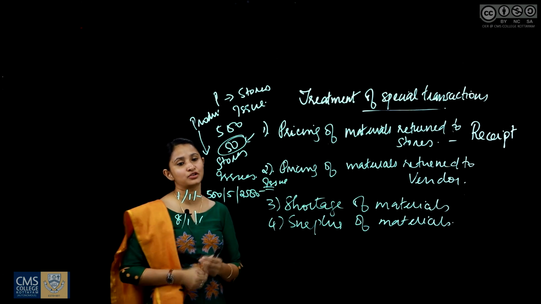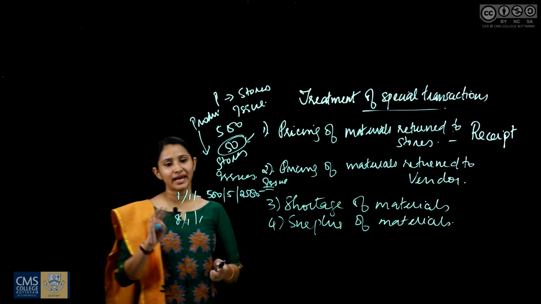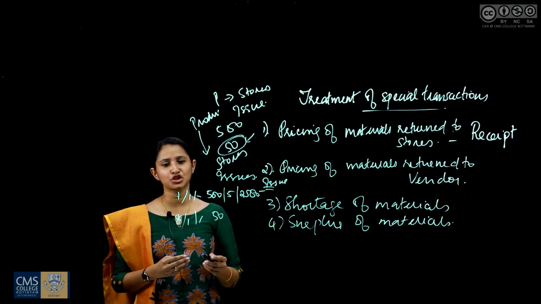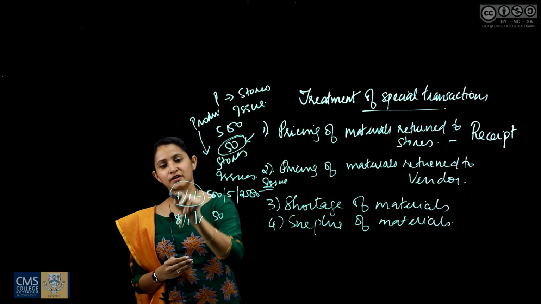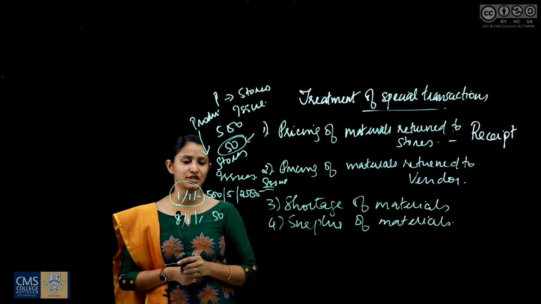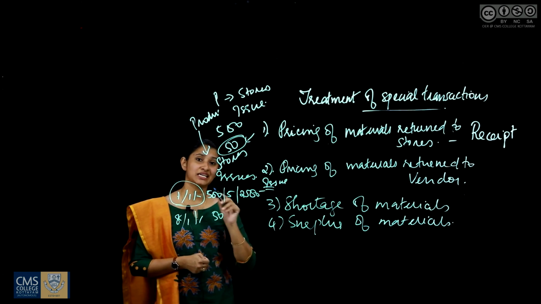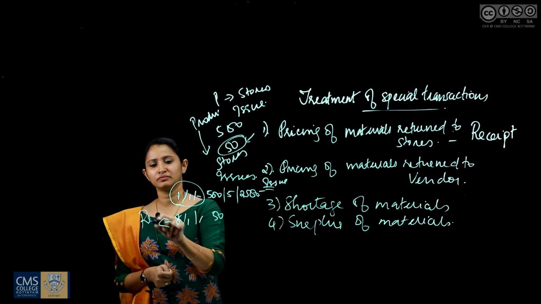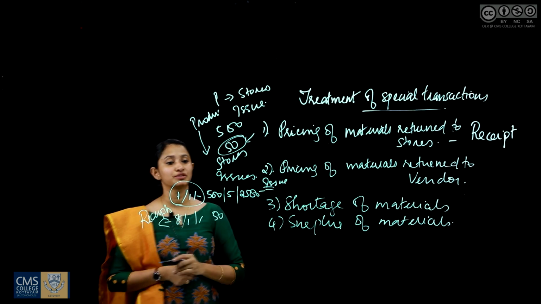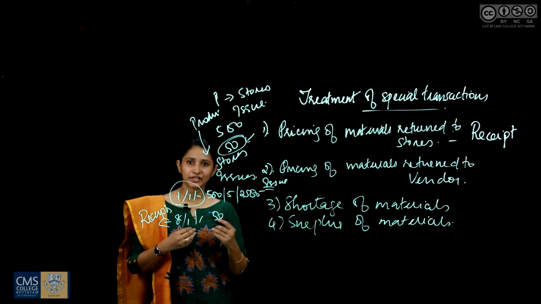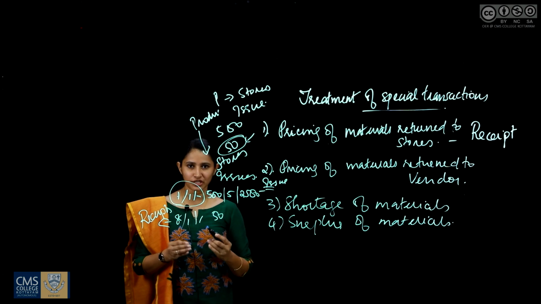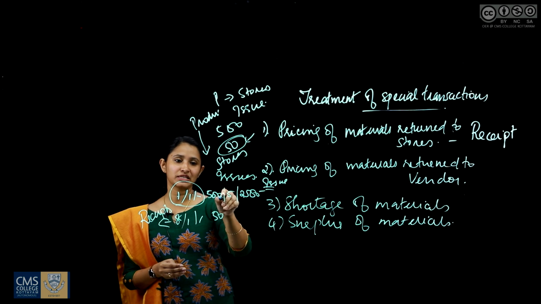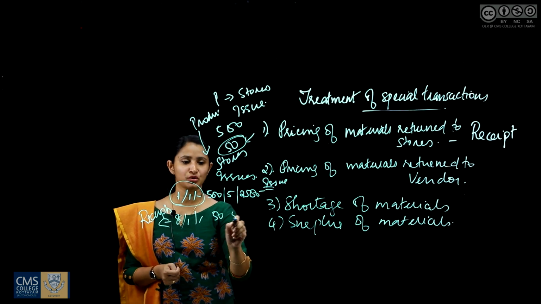So we issued them 500 units at 5. Now on 8th January, they are returning to us 50 units which were issued from the issue made on 1st January. If that particular date is mentioned, this is a return, shown in the receipt column. And if the production department is specifically saying that we are returning 50 units from the materials that were issued on 1st Jan, then we show it at rupees 5.